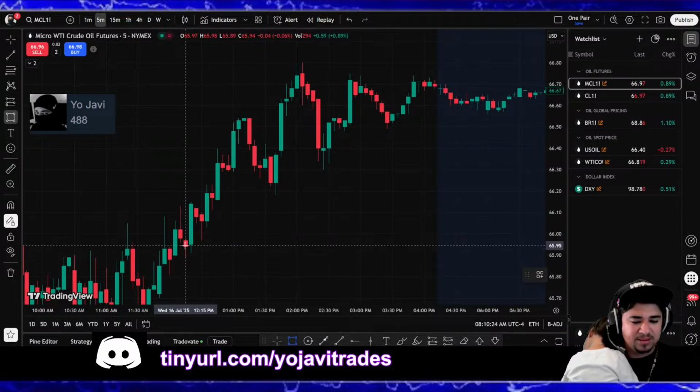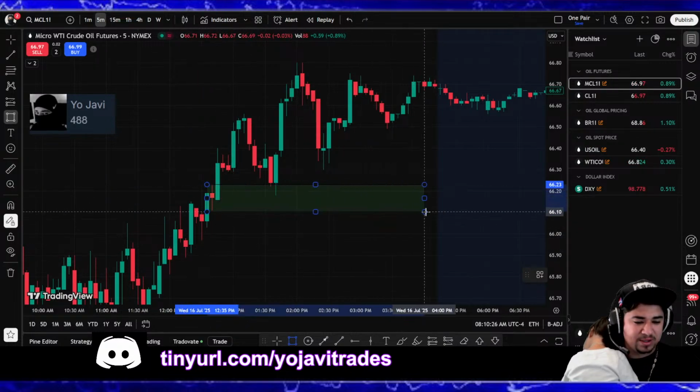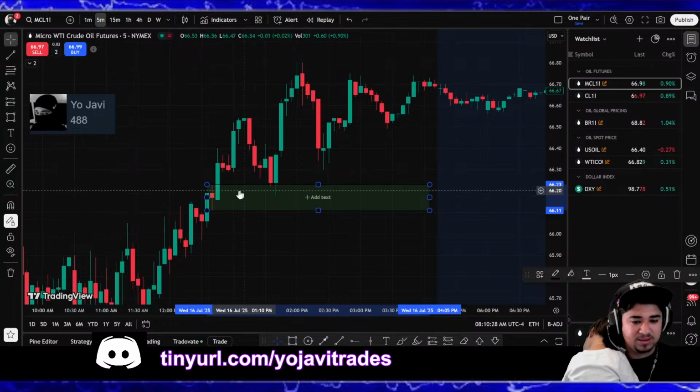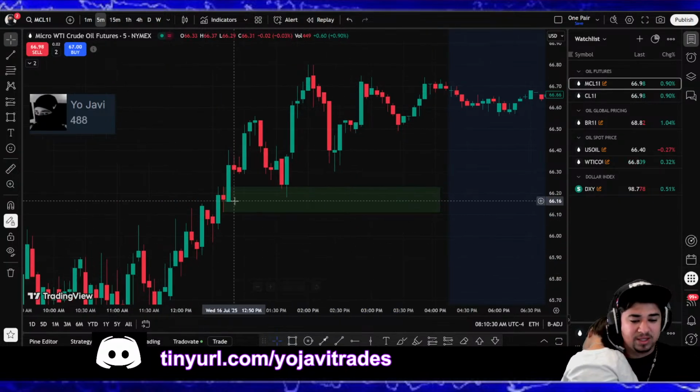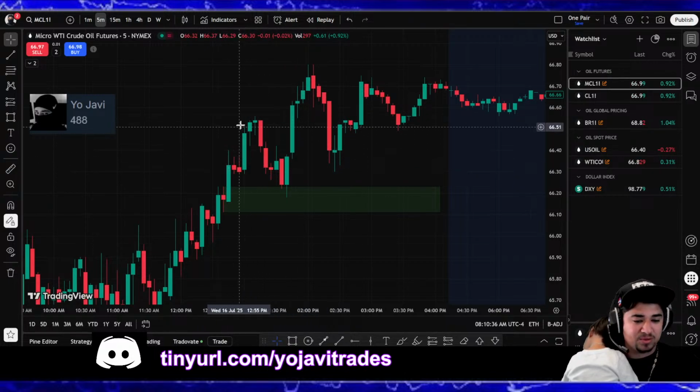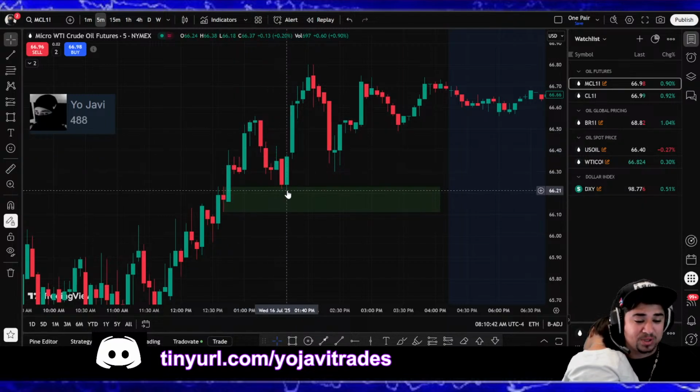Again, there are a few demand zones here, but there is definitely one here. Look at this, a push out of the zone. There is even a push out of that zone. That's another one. This one on top was invalidated. The market came into this one and then it reacted.